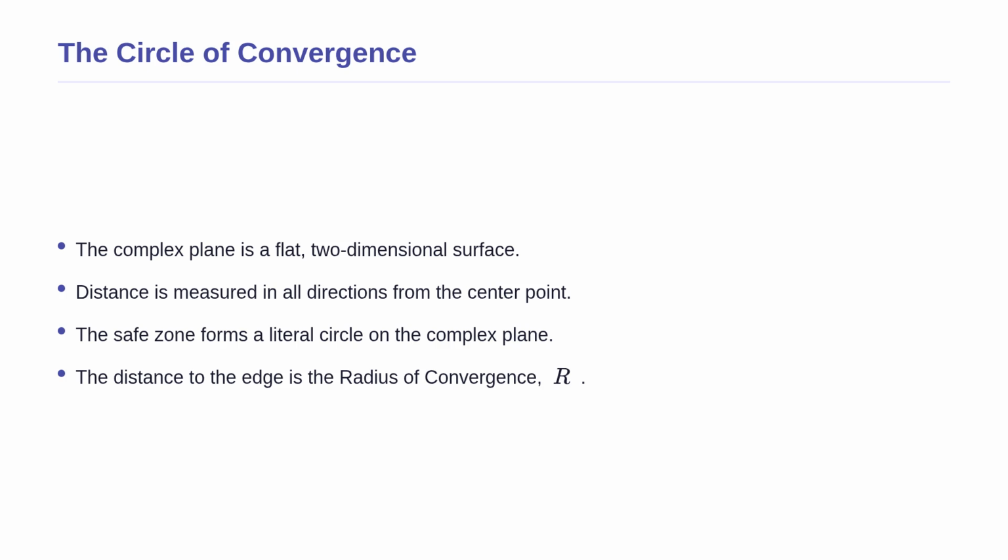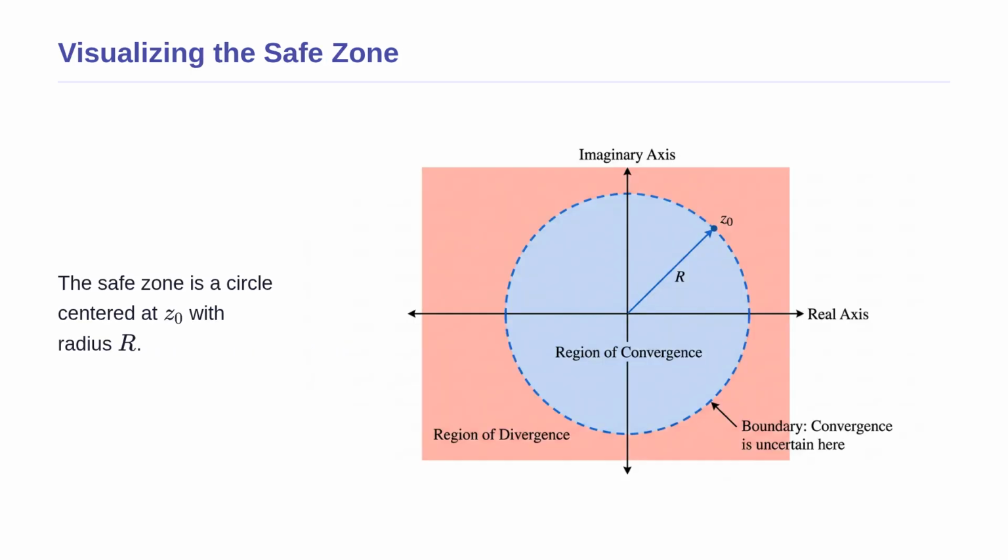Every complex number that lies strictly inside this circle will make the power series converge perfectly. Every complex number outside this circle will make the series diverge and explode. The distance from the center to the edge of this circle is called the radius of convergence, denoted by the capital letter R.